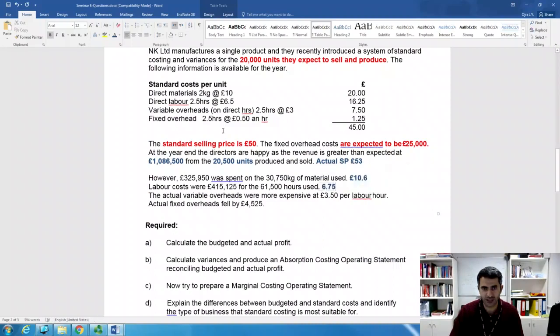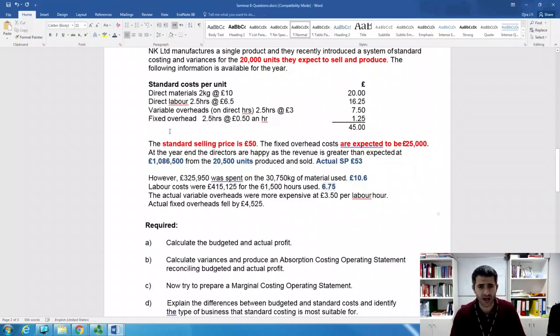That's the actual. Compare this with the direct labor budget, where we have 2.5 hours and each hour we pay £6.50. Here we pay 6.75.